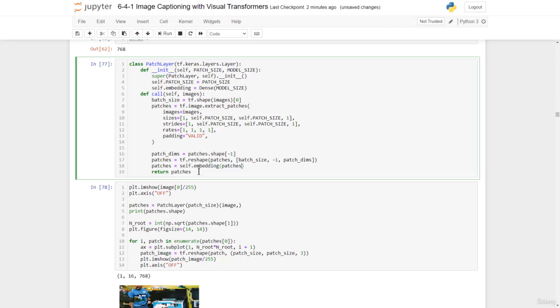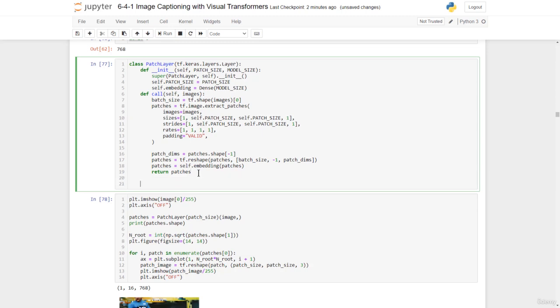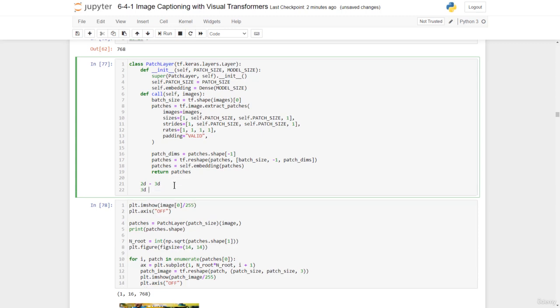Now note that the usual embedding layer we use in Keras takes in, say, a 2D input and outputs a 3D output, supposing that the batch dimension is included. In this case where we have a 3D input, we shall have a 4D output, which is not suitable for the kind of problem we're solving. That's why we prefer to work with a dense layer as a replacement for our embedding layer.